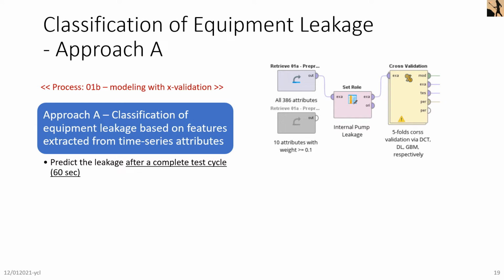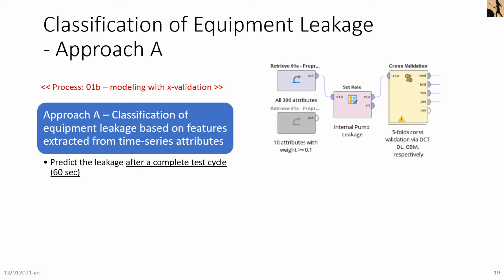Some of you may have noticed that we actually generate 386 attributes. That might be a bit too many. Some may even ask whether all these attributes are useful or helpful. Will they happen to defeat the purpose and mess up the training process?